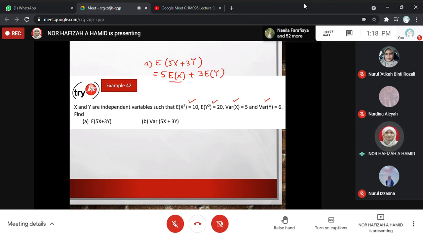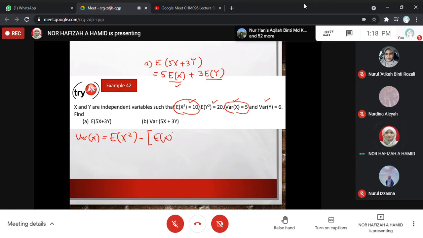So you need values for E of x and E of y, but they are not given. You need to calculate them from E of x squared and the variance of x. Using the formula, the variance of x equals E of x squared minus E of x squared. The variance of x is 5, equal to 10 minus E of x squared, so E of x squared is 5 and E of x is 2.236.